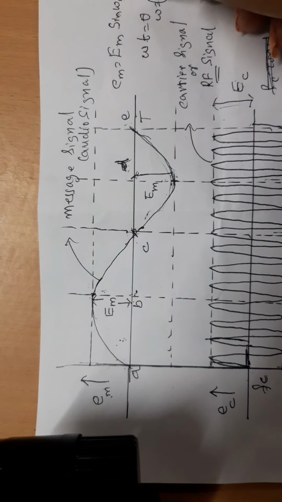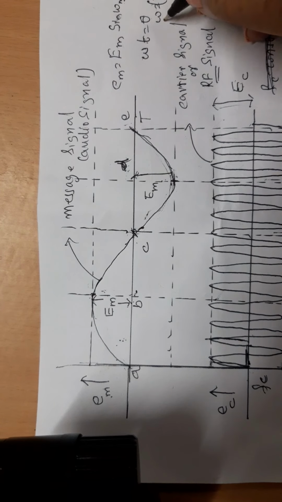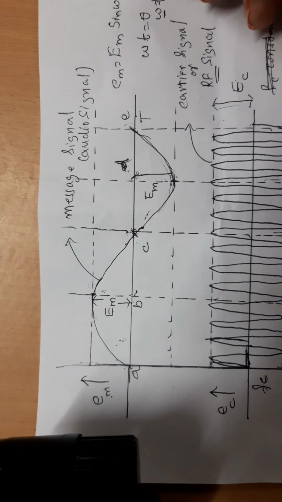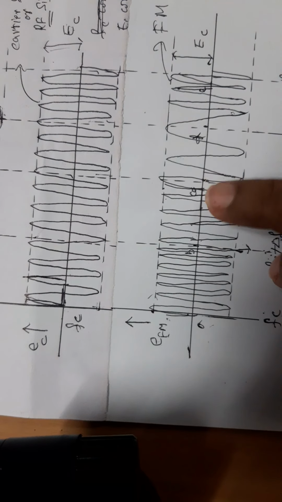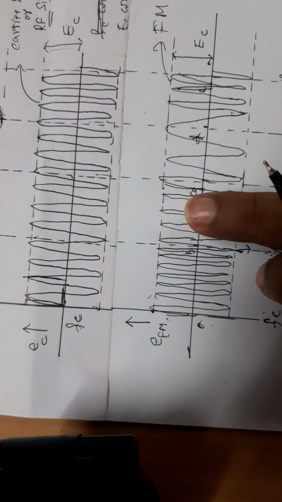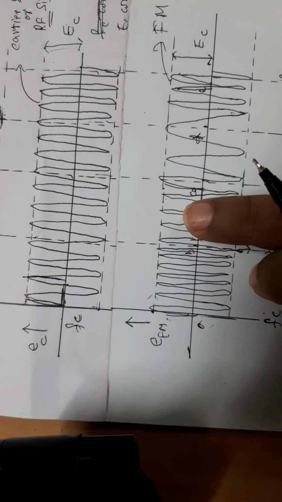That is, angular displacement divided by time is known as angular velocity or angular frequency. Now, since angular frequency changes, FM modulation is also called angle modulation. I will tell you why.